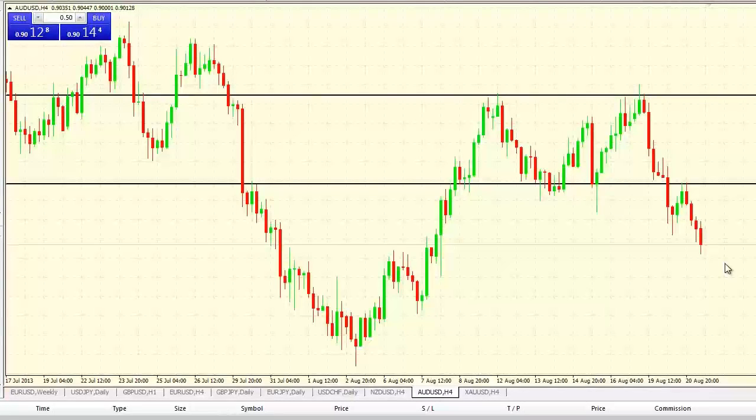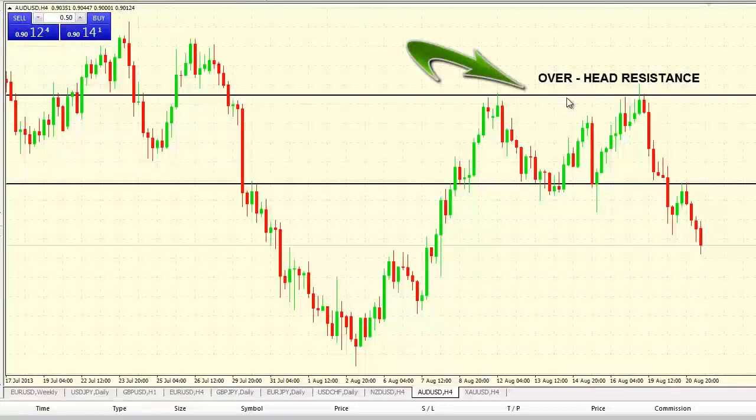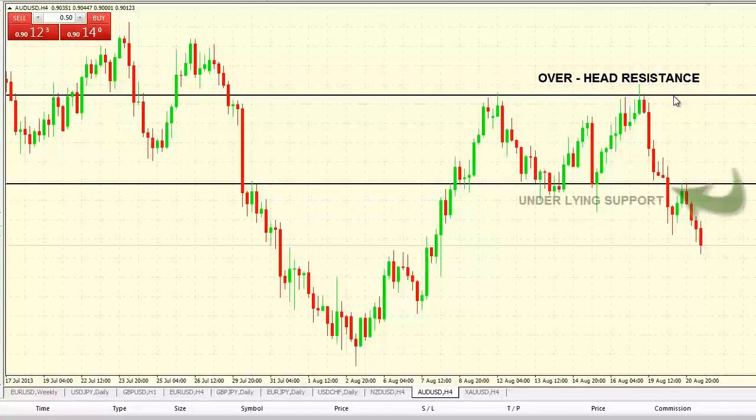Let's consider the 4-hour chart for the Aussie dollar. As you can see, this level is acting as the overhead resistance. Now when the price of the Aussie dollar was trading between these two lines, let's say at this point, then this level would be the overhead resistance and the level below would act as the underlying support.